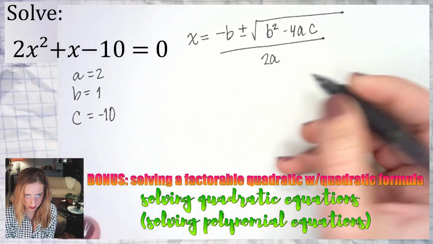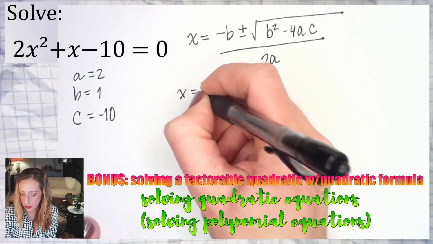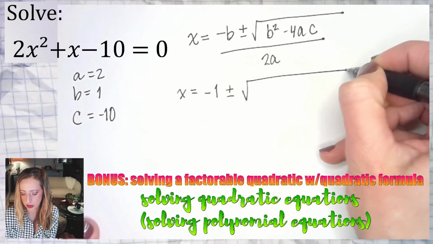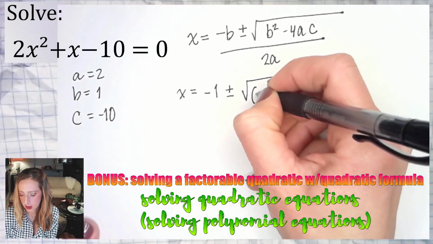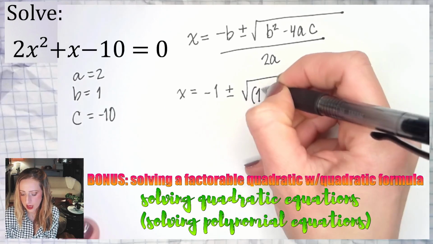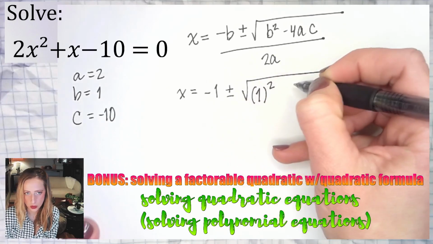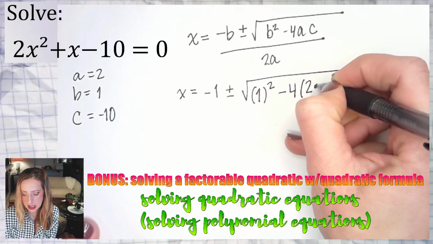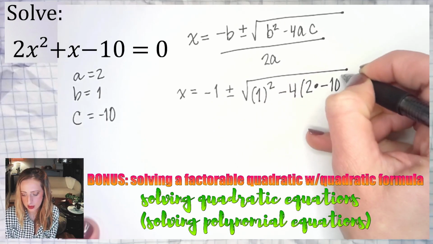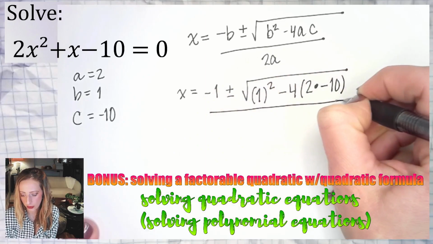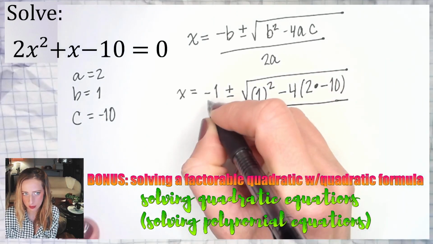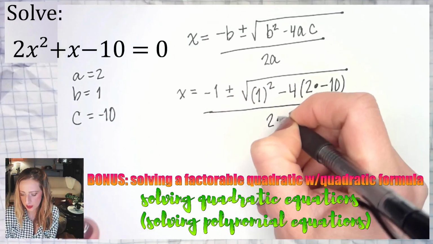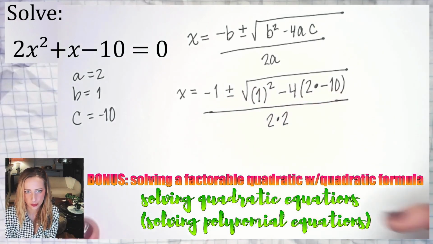Now let's fill these in nice and careful. x equals negative 1 plus and minus the square root of b squared, 1 squared, not 2, minus 4a times c, all the way to the end of the radical, and right after that equal sign, all over 2 times a, which is 2 times 2.